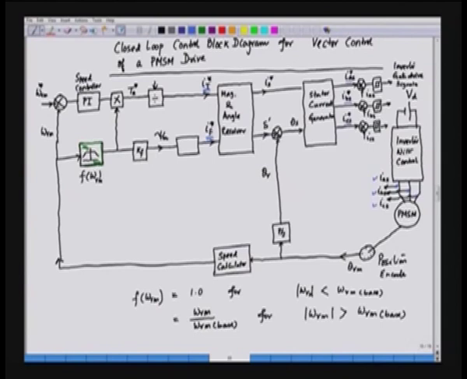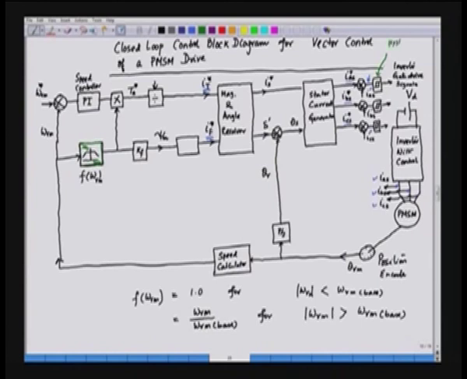So, we sense IAS, IBS and ICS, and these are used for feedback. We feed back these actual currents and we get an error. There is a comparator, and this error is fed to a hysteresis controller.